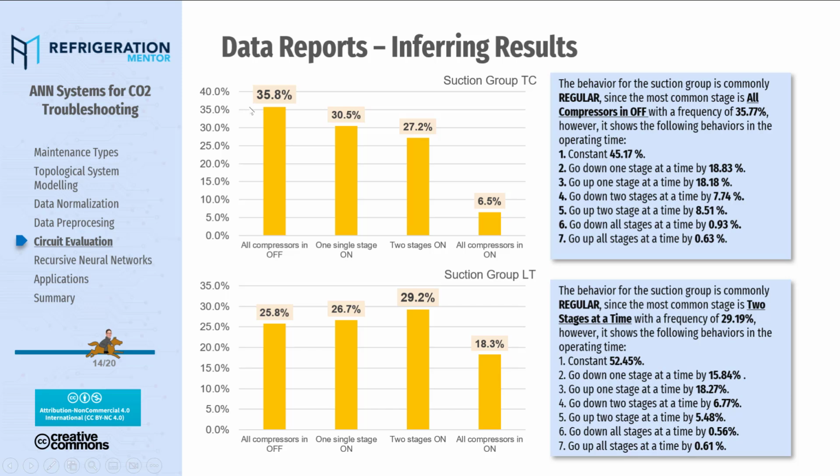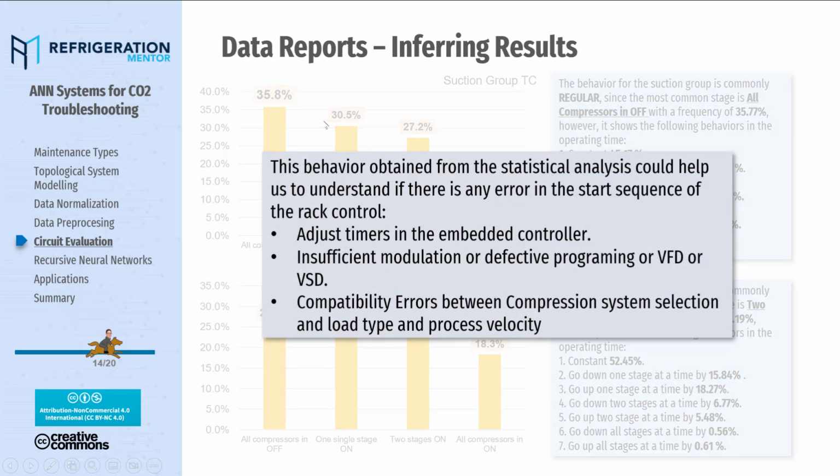Whichever the case, this graphic will have more or less relevance to diagnose. So this behavior obtained from the statistical analysis can help us, for example, to adjust timers in the controller and know if we have insufficient modulation or defective programming, or the BFD or BSD, or compatibility errors between the compressor system selection and the process velocity.